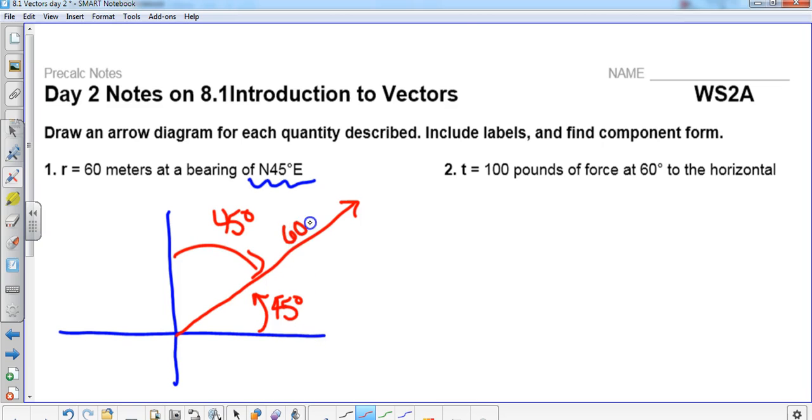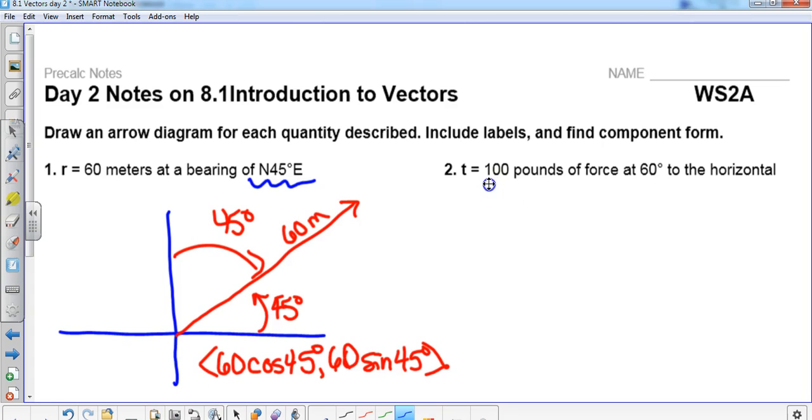And it's 60 meters long. It says, draw an arrow diagram, include labels, find the component form. So what are you going to type for component form? Since these are your notes, let's not even bother to type. Is that okay? Keep going? You know how to do it, right?